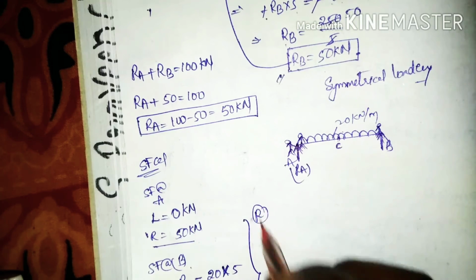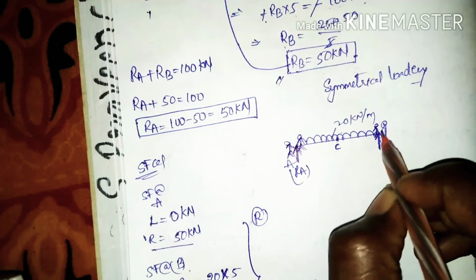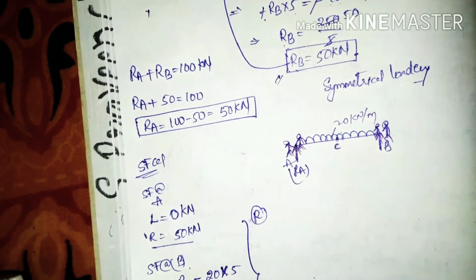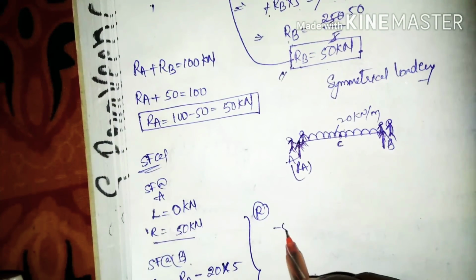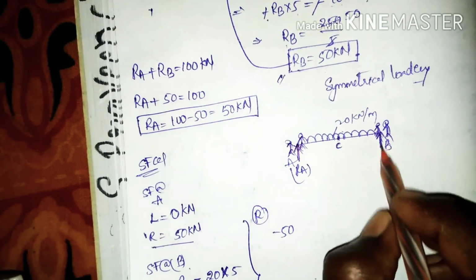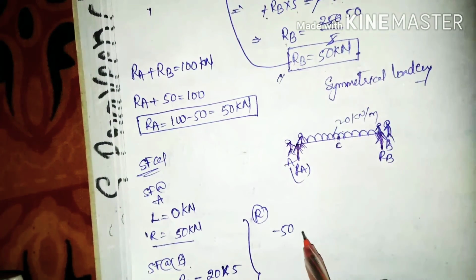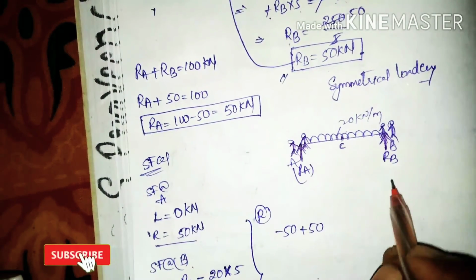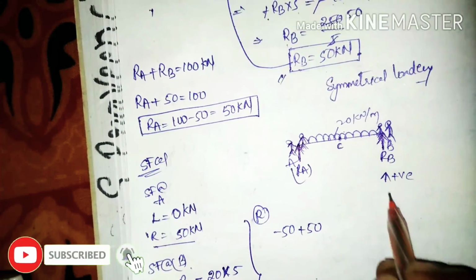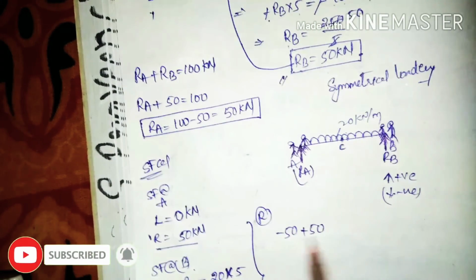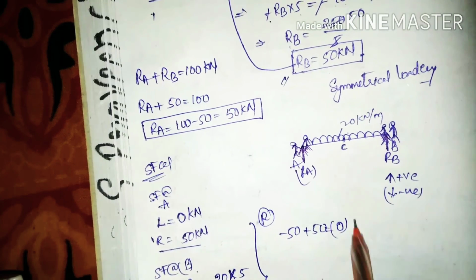For the right of B, just right of B, I am having minus 50 and an upward reaction RB is also acting on the beam, so positive 50, upwards as positive and downwards as negative. That is going to be 0 on the reference line.